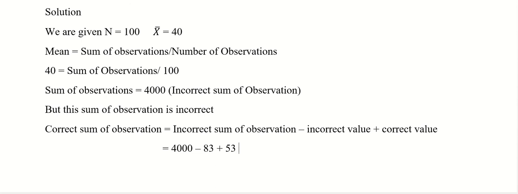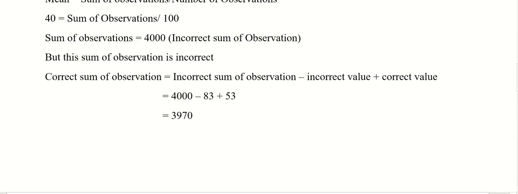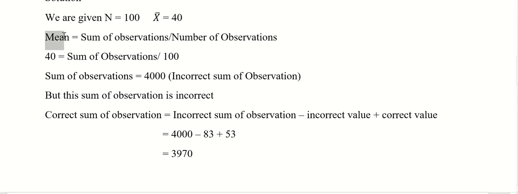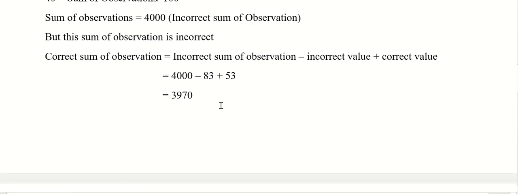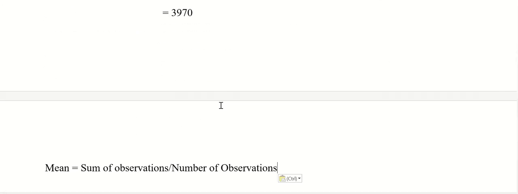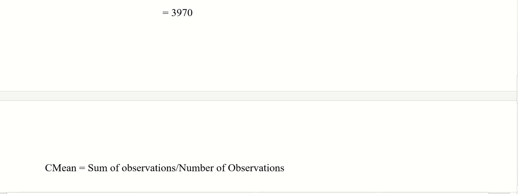So here we get 3970. Okay, 3970. So this is how we have calculated the correct sum of observations. Now we have the correct sum of observations, so we can find the correct mean.